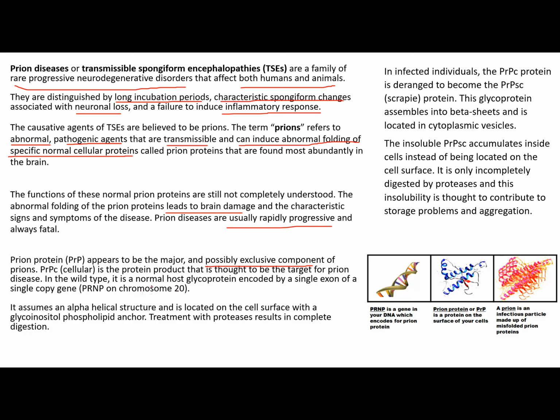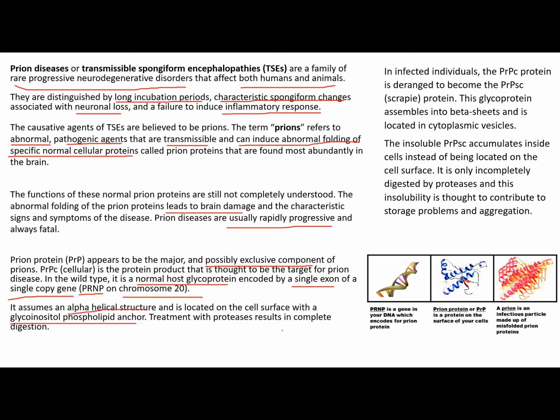In the wild type, it is a normal host glycoprotein encoded by a single exon of a single copy gene found on the gene PRNP on chromosome 20. It would assume, class, an alpha helical structure. So the shape of your prions, class, would be alpha helical, and it is located on the cell surface with a glycoinositol phospholipid anchor.